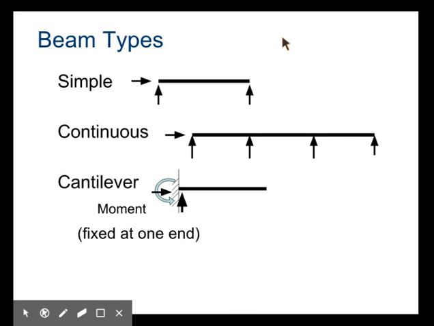We can look at a couple different beam types. Most commonly, we're going to look at a simple beam, which has a pinned connection on one side and a roller on the other. But you could see a continuous span where you have several supports along the way. You could see a cantilever, which is fixed at one end and left hanging out the edge.